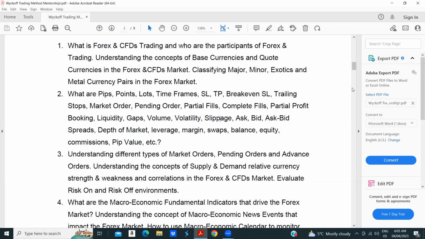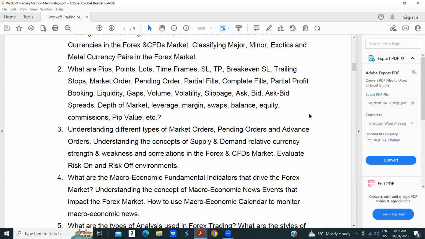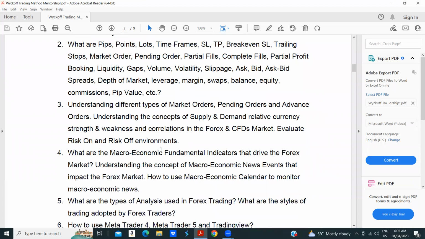Furthermore, we're going to analyze and evaluate the risk-on and risk-off environments and events which we typically face in the financial markets and the Forex market. Then we will move on to the macroeconomic fundamental indicators. Macroeconomic fundamental indicators are the driving point.